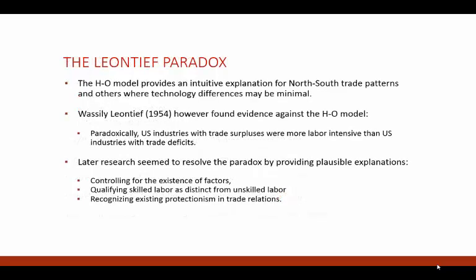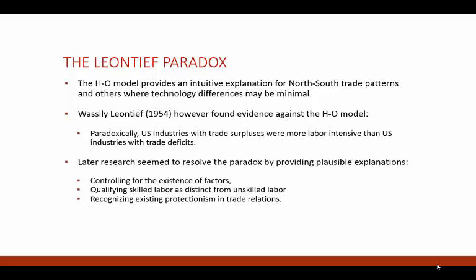While this model provides interesting theoretical insights, and in many cases does drive our understanding of the gains from trade in a more realistic multiple resources setting, the initial attempt at empirically validating the model turned up a paradox known as the Leontief paradox.